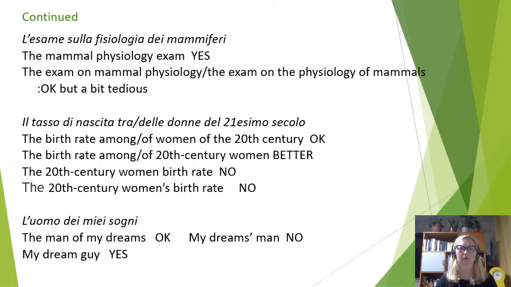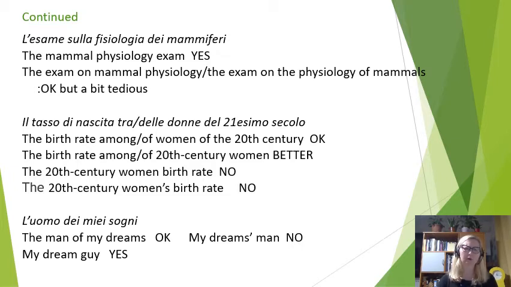"Il tasso di nascita tra o delle donne del XXI secolo." The first one is okay. This one is better. These two, no way. They are not correct.